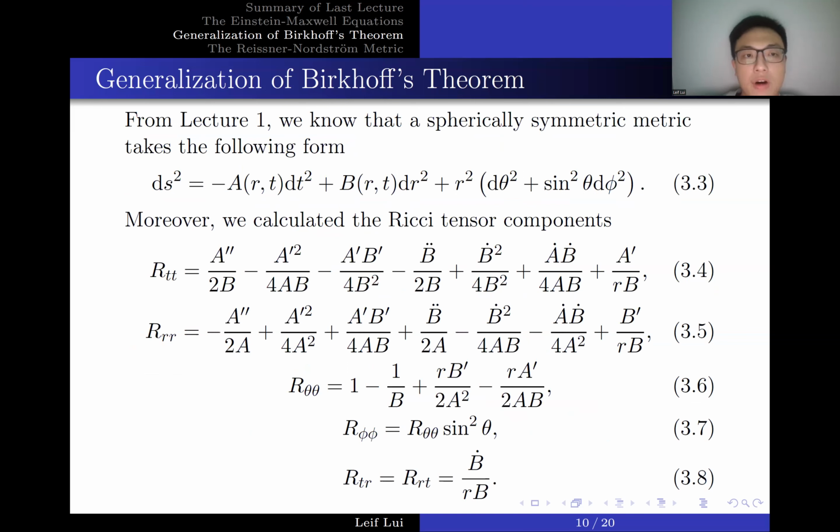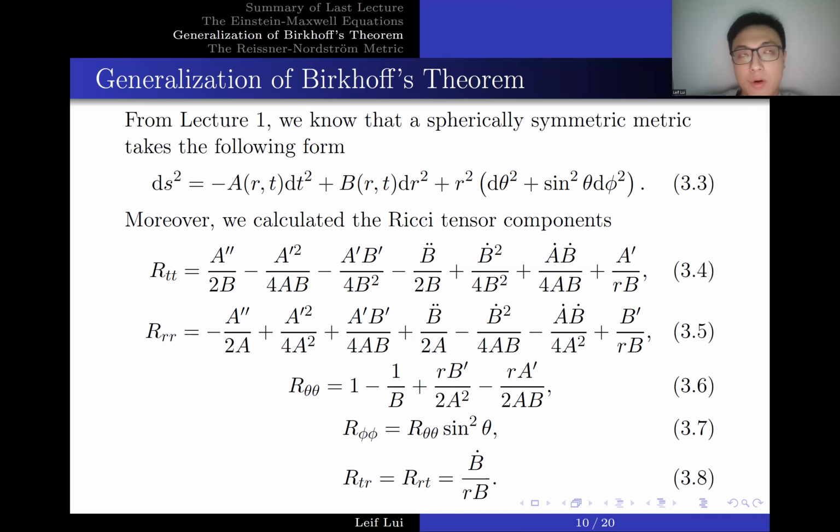Recall from lecture 1, we know that a spherically symmetric metric takes the following form, and we derived this using coordinate transformations. Moreover, we calculated the Ricci tensor components using 2 different methods. The first is the Lagrangian method, which is quite difficult because it only calculates the Christoffel symbols, and we have to substitute these into the definition of the Ricci tensor.